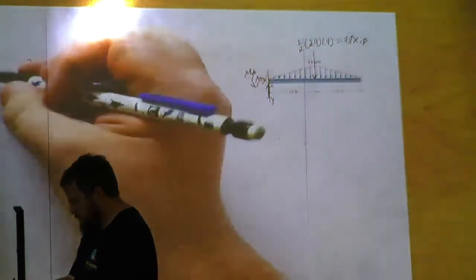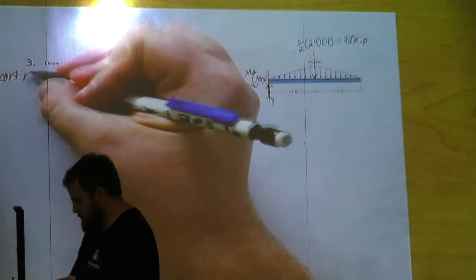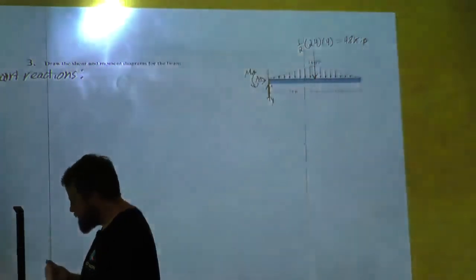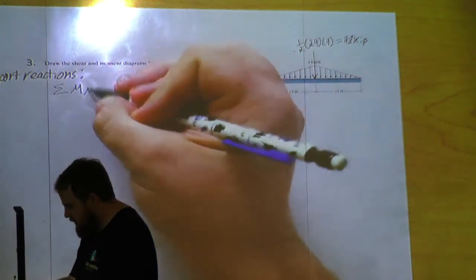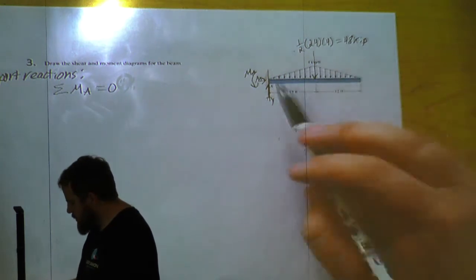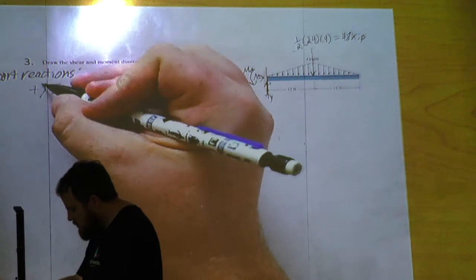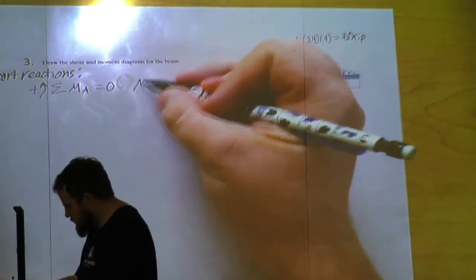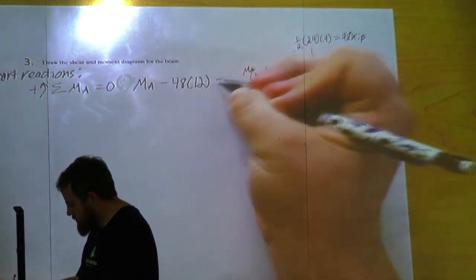So now let's move to the support reactions. So let's start with the sum of the moments at A equals 0, since that eliminates this AY, and that's how we find our MA. So that's just going to give us MA minus 48 times 12 equals 0, right?